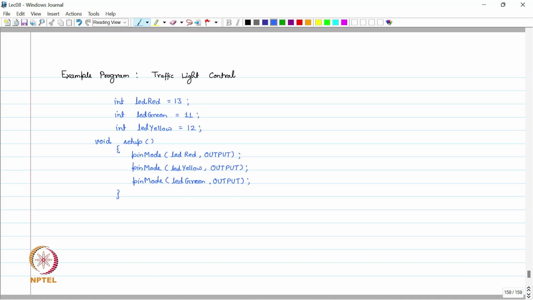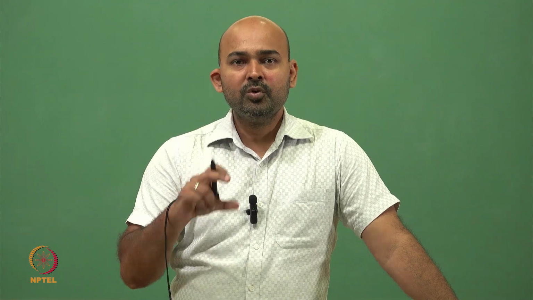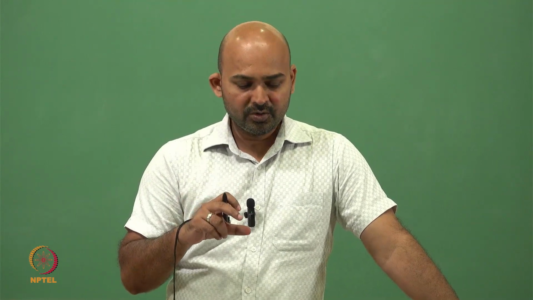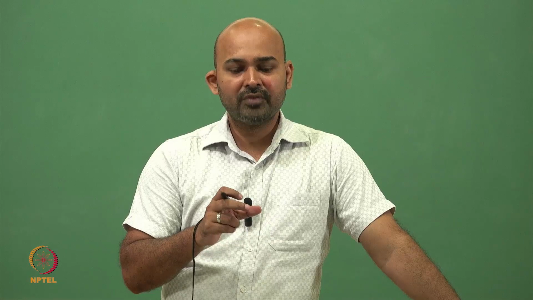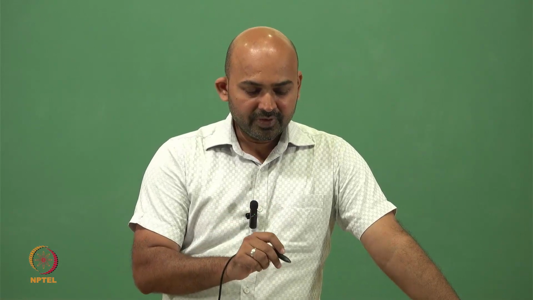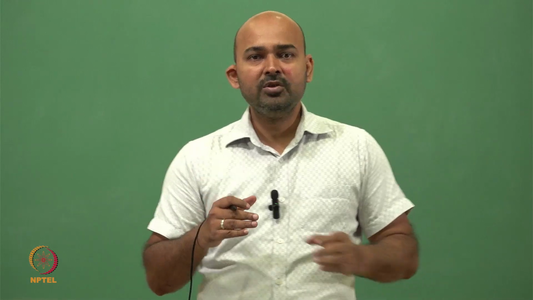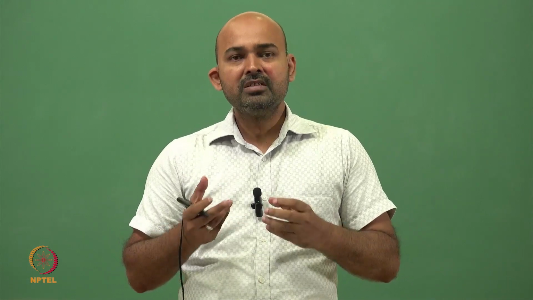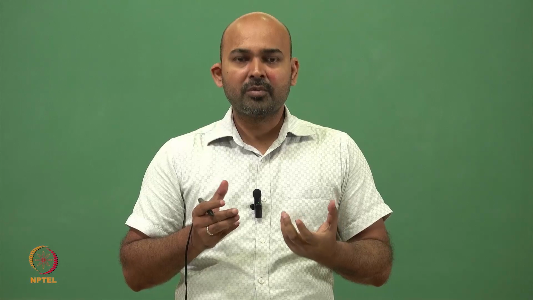Before this we have defined three variables: LED red, which is assigned the value 13, LED green, which is an integer type variable assigned the value 11, and LED yellow, which is again an integer type initialized to value 12. Now we need to have two functions in the Arduino sketch. One is the setup function and one is the loop function. Setup function is the function which we generally use only once to set up all the constraints in the program.